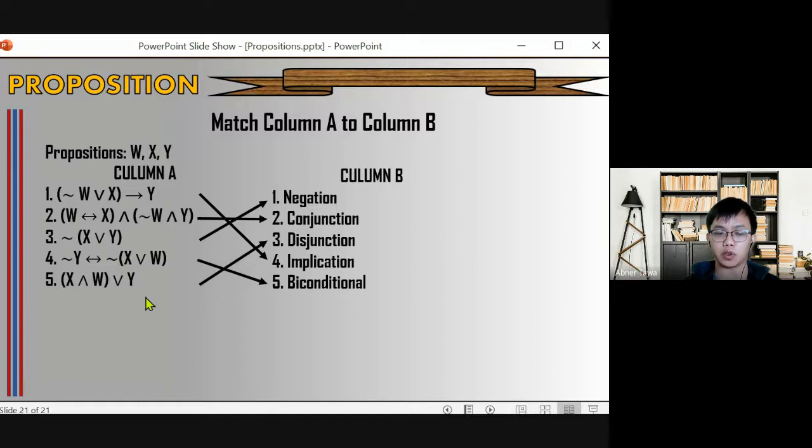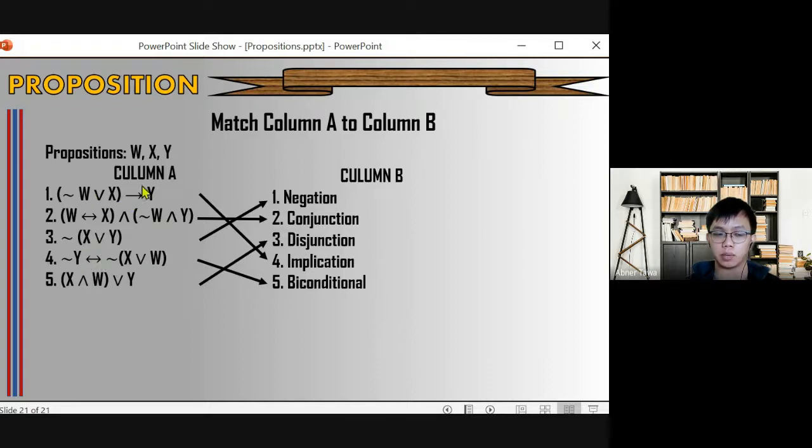Kasi pag simple proposition, it is easy to determine the truth value, if it's false or true. How about kung we have here a compound proposition? So paano natin malalaman yung truth value? Is it false or is it true? And it's also very important na, as I repeat, na alam niyo yung main connective na ginagamit.